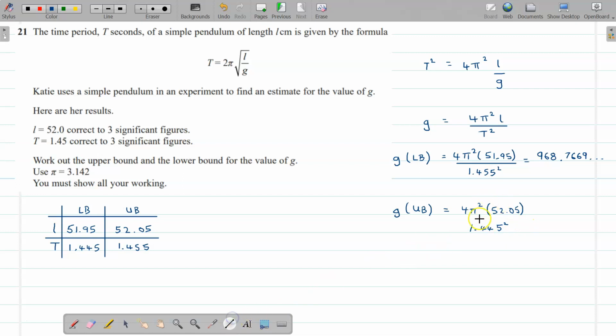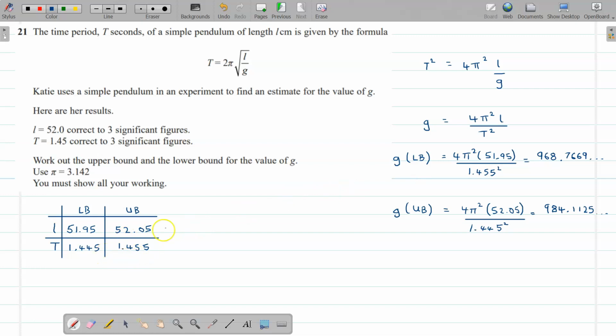Put that on the calculator, and that will give me 984.1125.